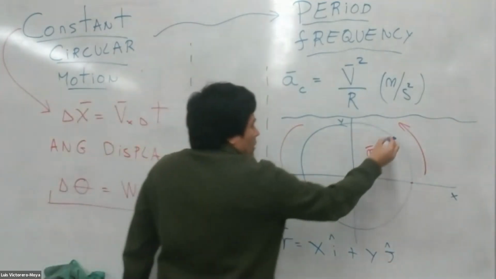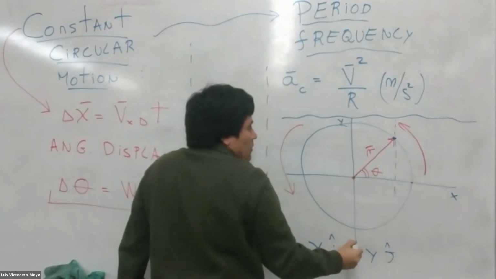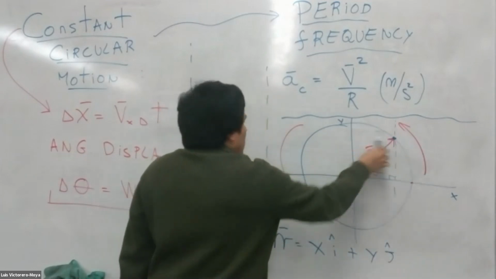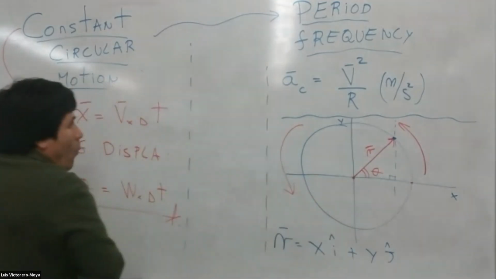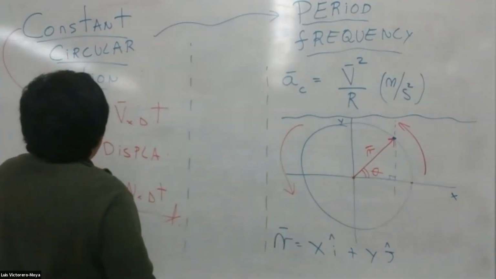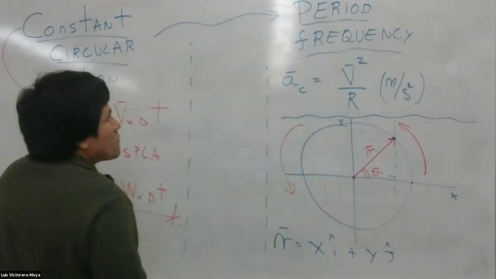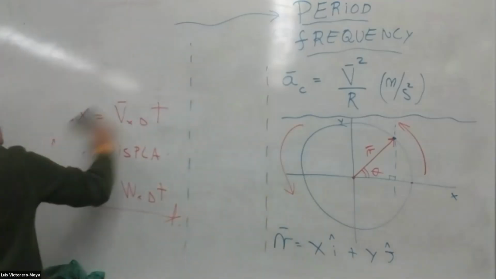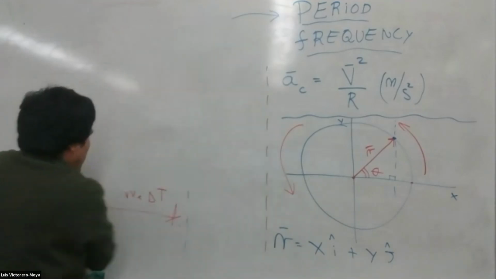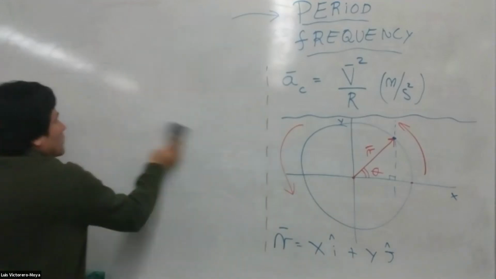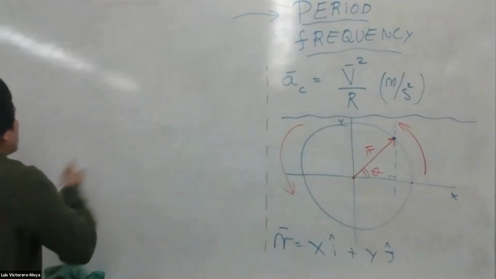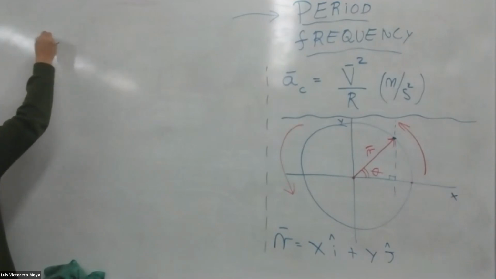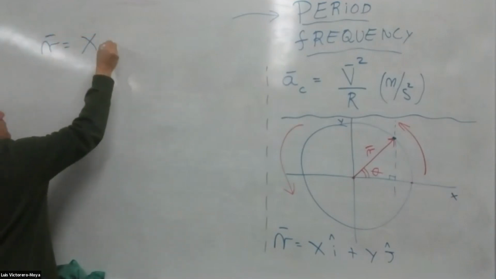I can build a triangle and break this vector into components, r cosine, r sine.